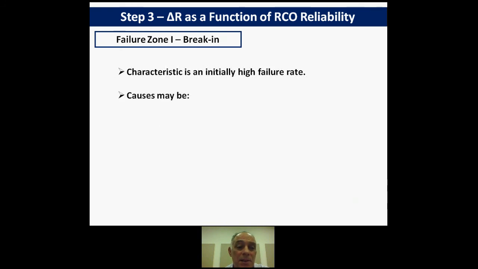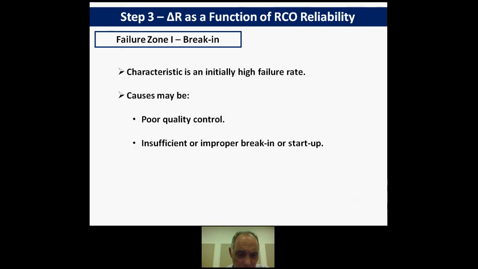These are some of the causes for the break-in. Okay, they are more or less apparent. We know that the initial period failures are basically relevant to poor quality control. We might not have tested the product properly, in other words, prepared it for its operation, and some other aspects.